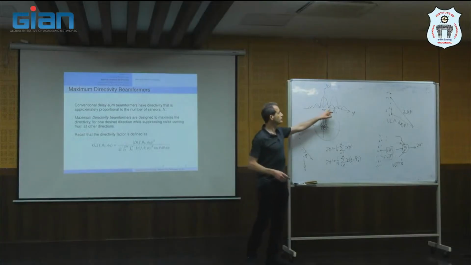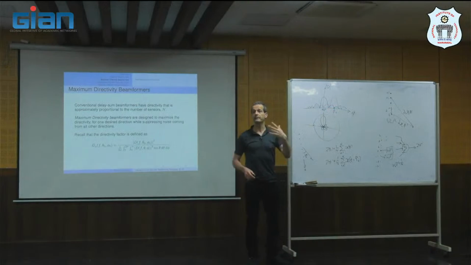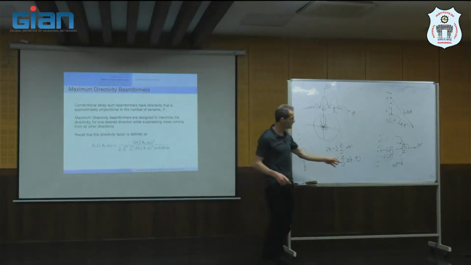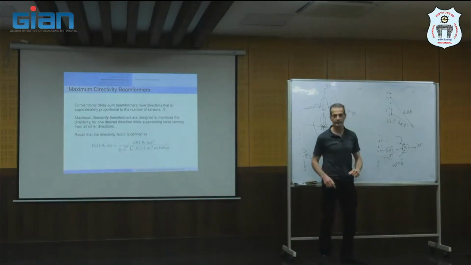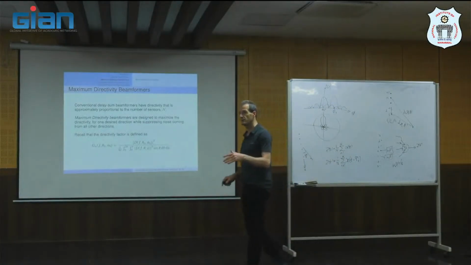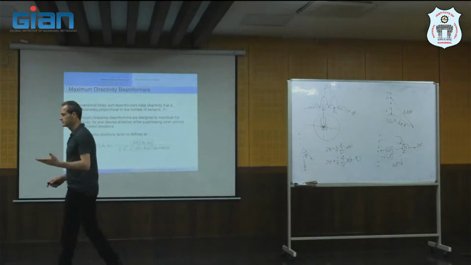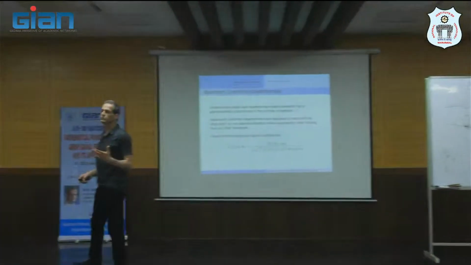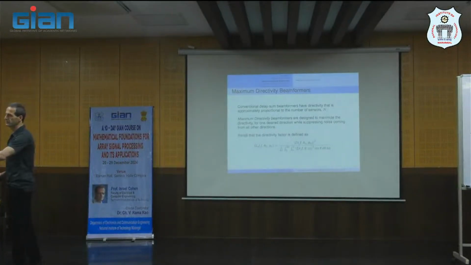Or you want to keep the side lobes the same, independent of frequency. So it's possible to design the beamformer, meaning to design these weights, such that the beam pattern will be frequency invariant. But of course, you add more constraints. If it's not necessary, then don't do that because it limits the performance.